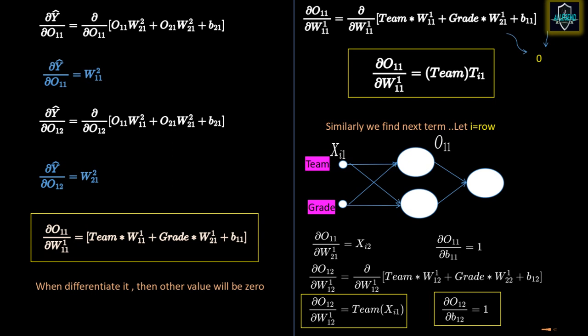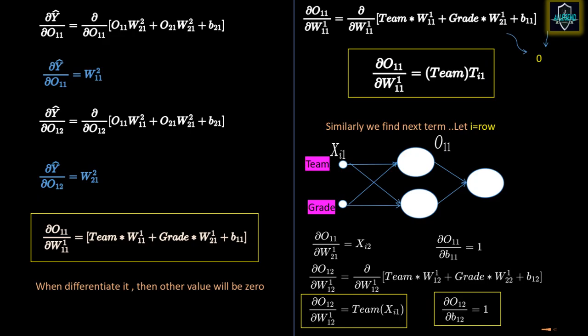Then del O12 over del W112 is equal to del over del W112 of the expression inside the square bracket: x1 times W112 plus x2 times W122 plus B12.